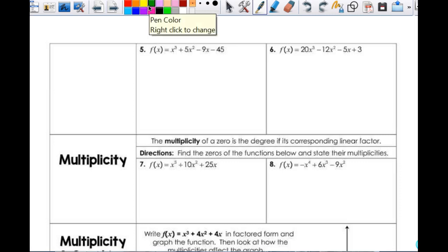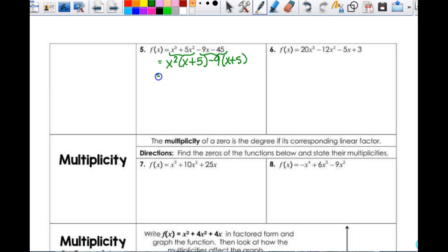So there's no GCF here. So I'm going to start with my grouping. And here I can pull out an x squared. Gives me x plus 5. Here I can factor out a negative 9, so negative 9, x plus 5. So I get x plus 5 times x squared minus 9.